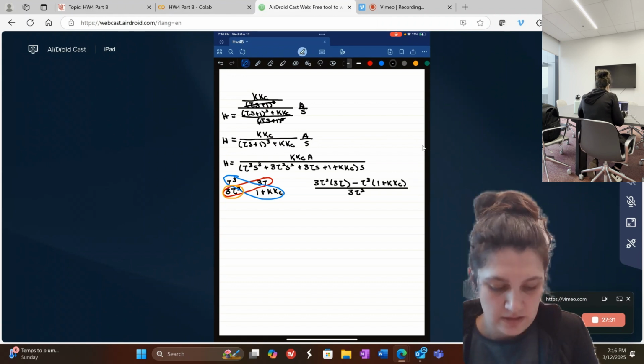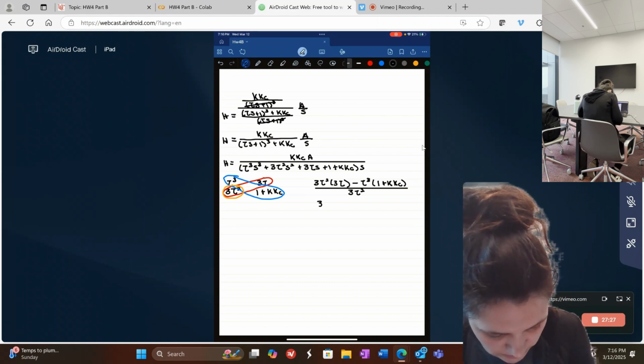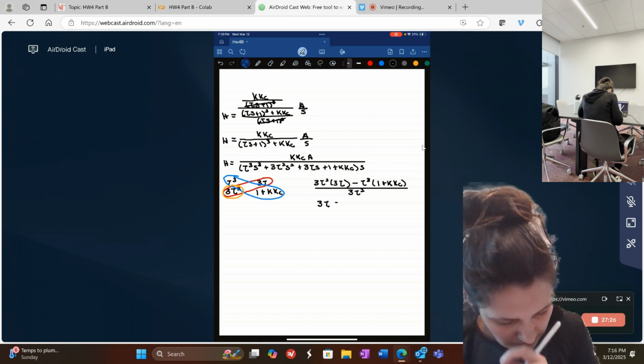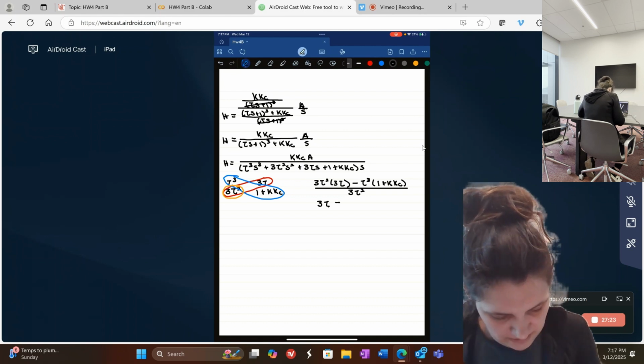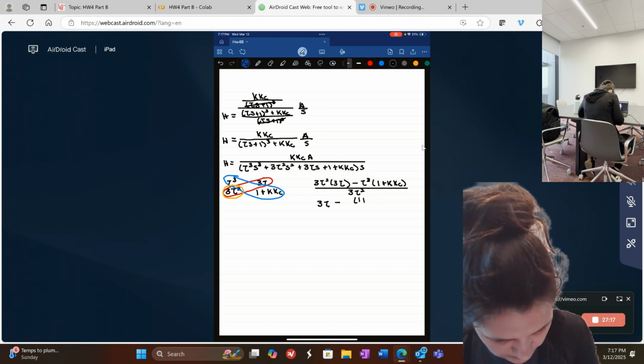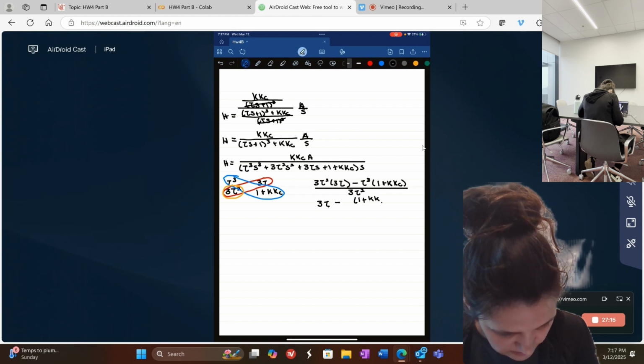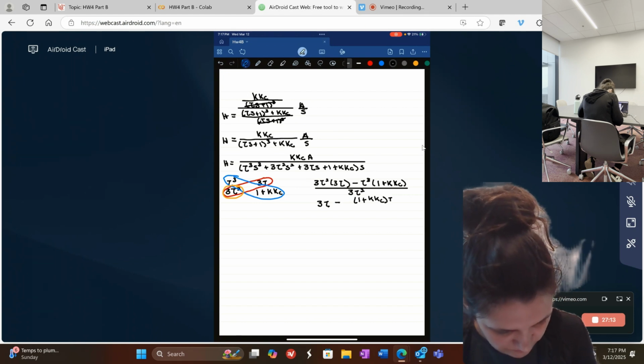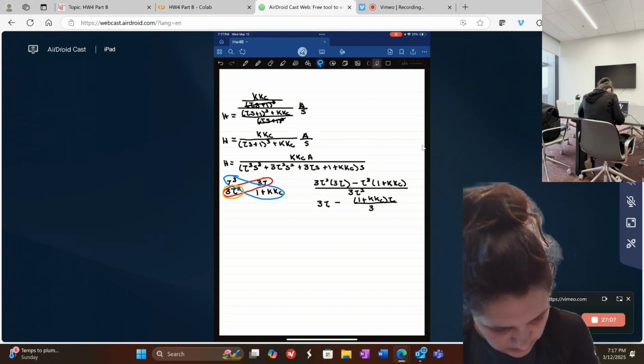And if we simplify this, what we get is 3 tau minus 1 plus K times KC tau over 3.